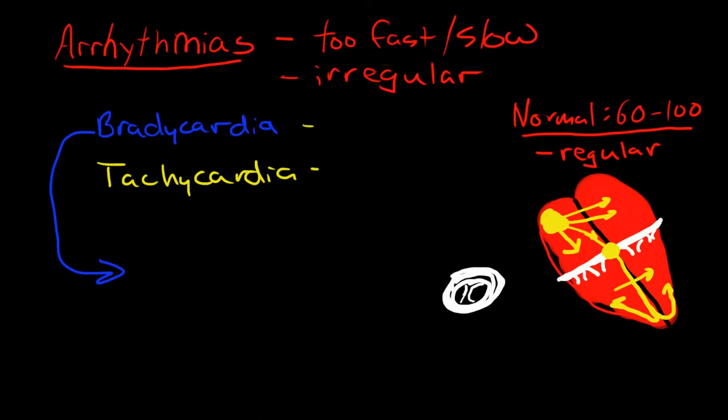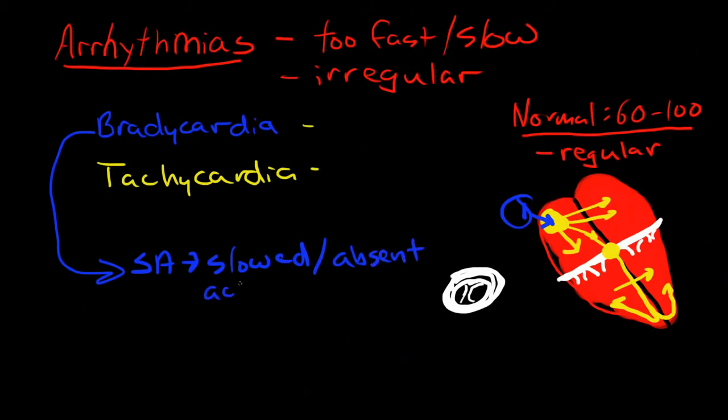So there are two things that can cause bradycardia. Number one is the SA node is either slowed or it's not generating an action potential at all, so absent action potential.